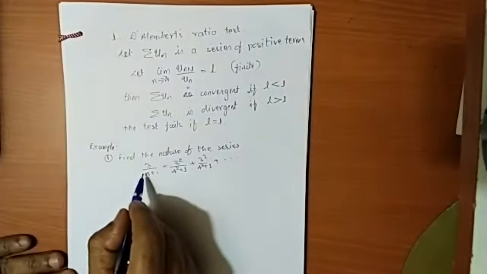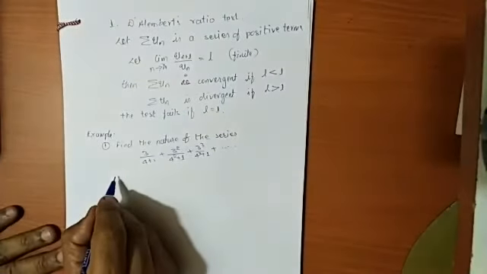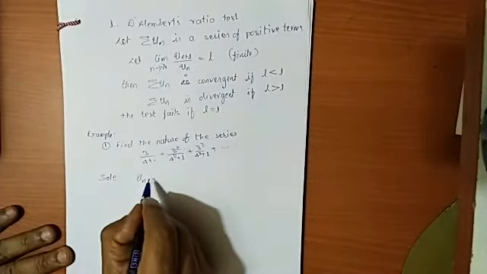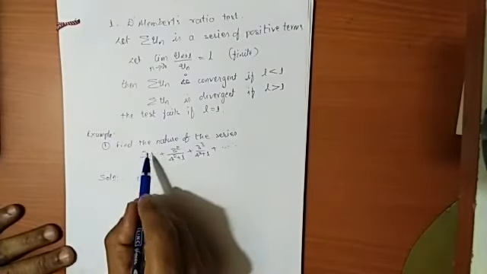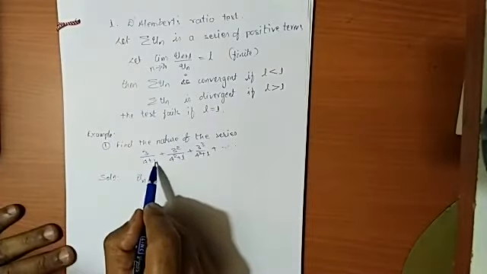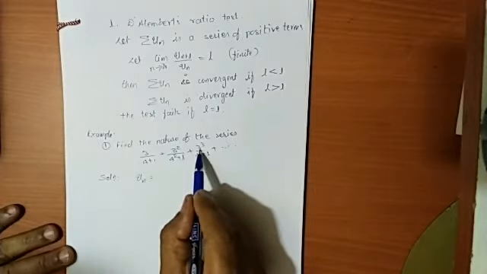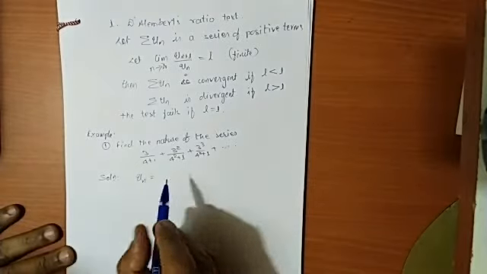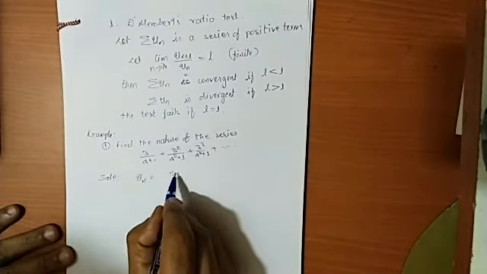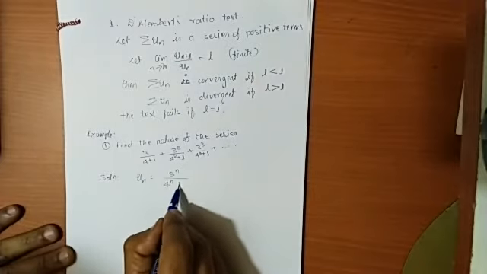Here the nth term is not given. Therefore, my first attempt is to find out un. When n is 1, it is 3 over 4 plus 1. When n is 2, the second term, 3 squared over 4 squared plus 1. The third term, 3 cube over 4 cube plus 1. So the nth term is un equal to 3 raised to n over 4 raised to n plus 1.